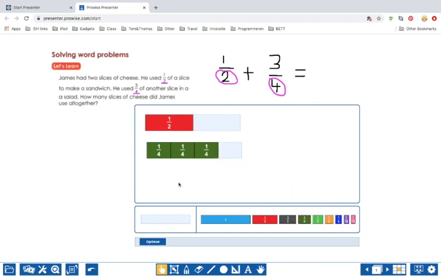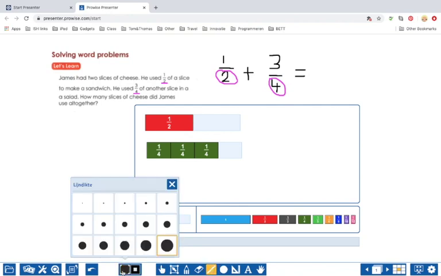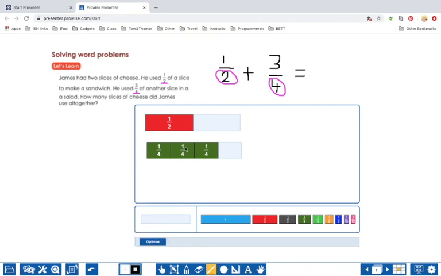Now, when we look at this, we can already see that half of the cheese also equals 2/4.